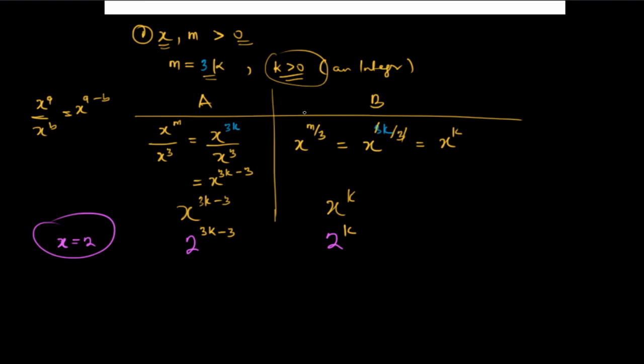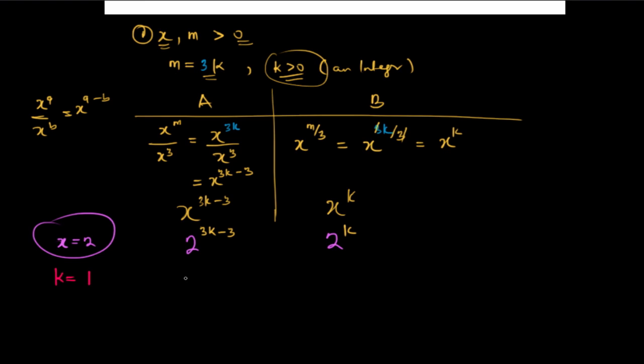So since k is positive, I'm going to choose 2 arbitrary positive numbers for k, to determine whether A is greater than B, B is greater than A, or whether they are equal, or whether the information itself is insufficient. Let me choose k equal to 1.